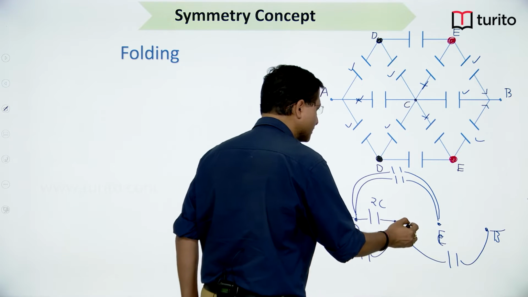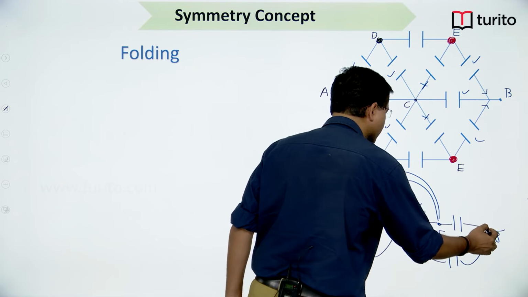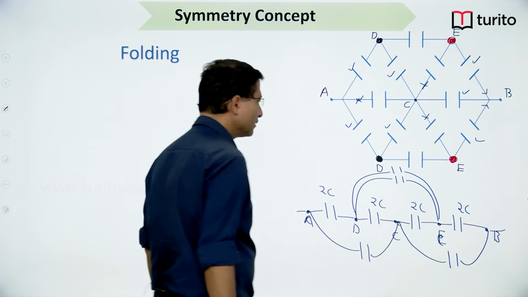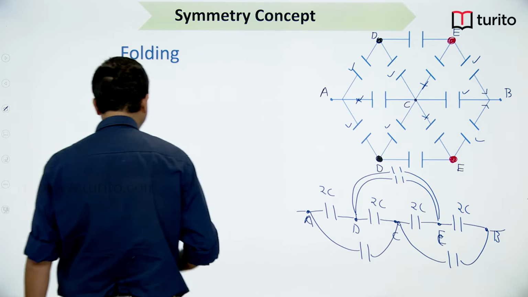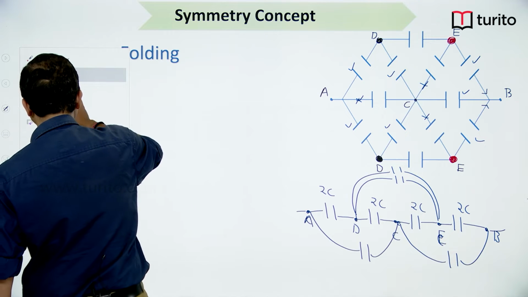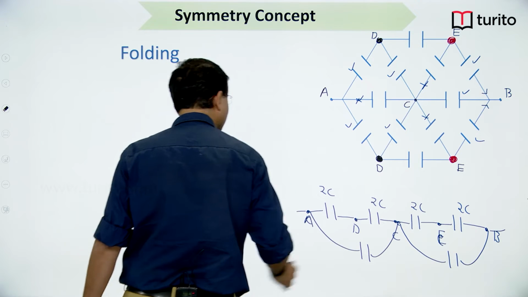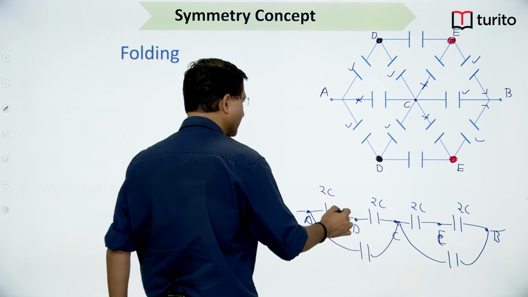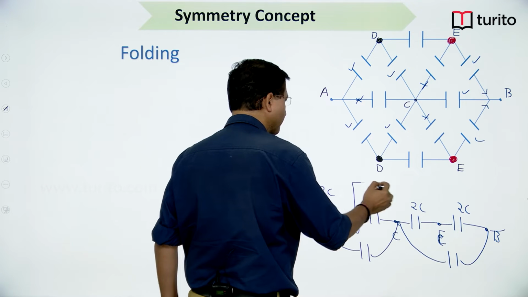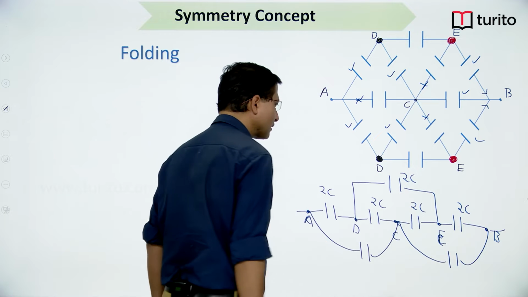So, here I will place a capacitor 2C, another capacitor 2C, and again we have a parallel combination over here, then these two can also be reduced, connecting 2C over here.